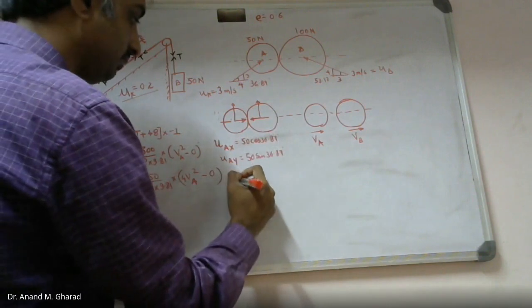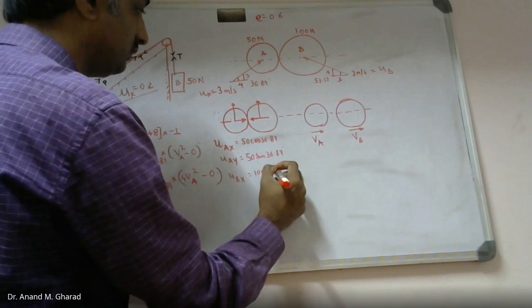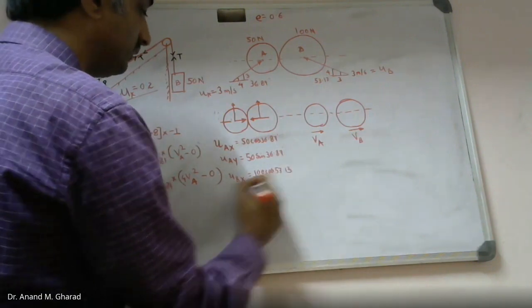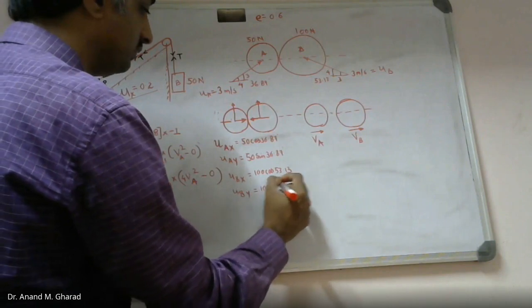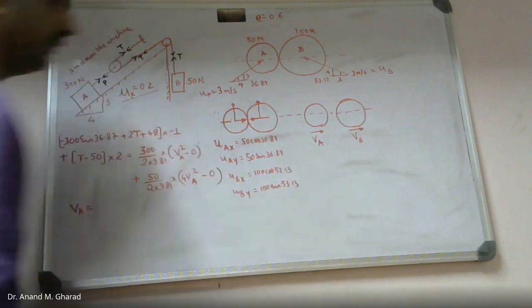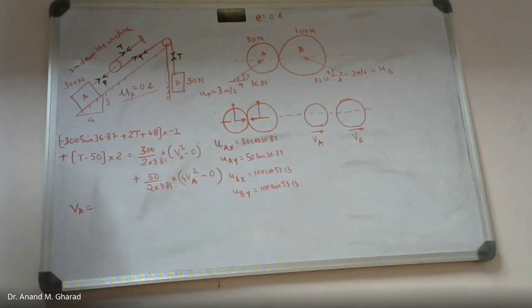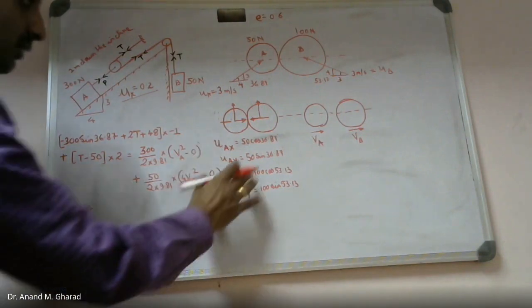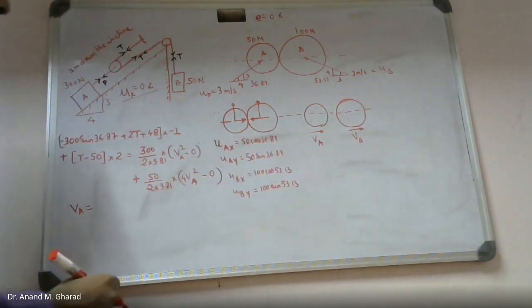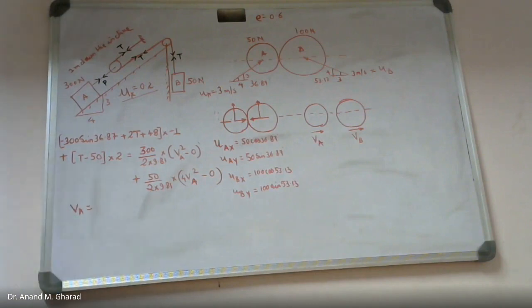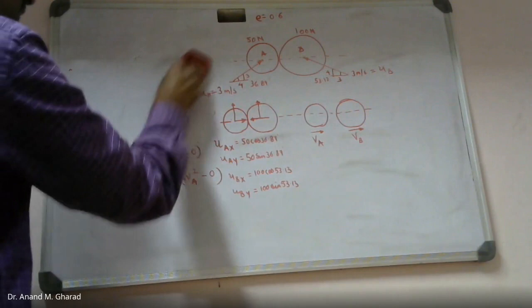Similarly, UBX, which is 100 cos of 53.13, UBY is 100 sine of 53.13. Am I right? So these are the components in the x and y direction. Correct? With respect to this, and with the information available for the coefficient of restitution value, that is small e.